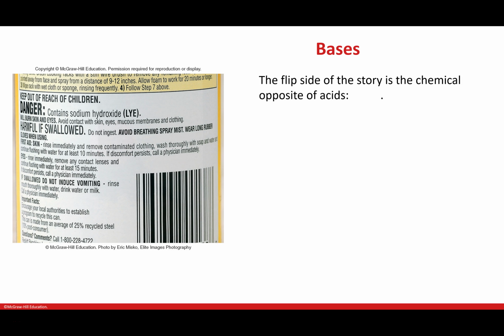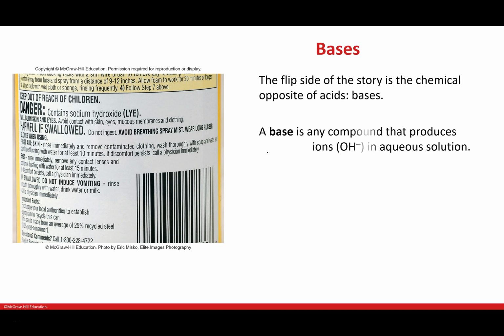So the word is bases up here, and the flip side of the story in chemistry, the opposite of acids, is bases. The word is hydroxide there. So a base is something that gives you OH minuses, one way or the other. That's what a base is. And you can't have both. You can't have something that's both acidic and basic.